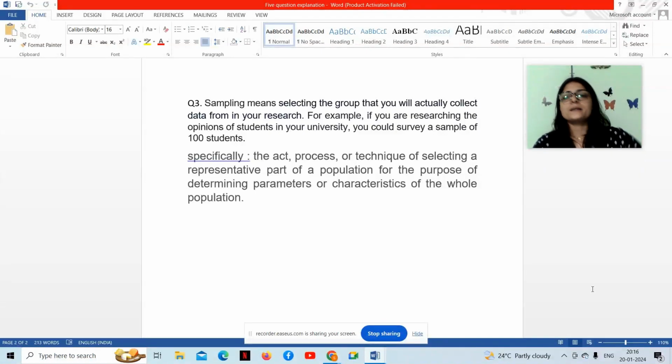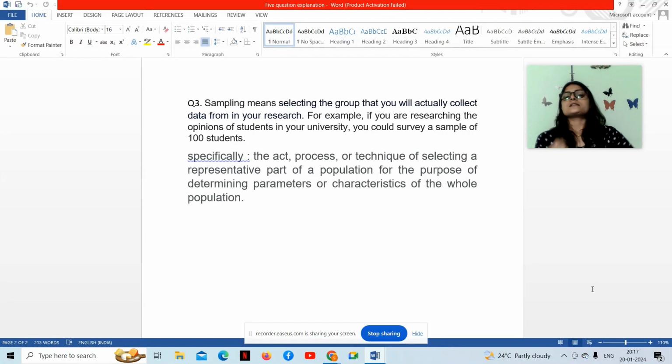What we will do is take a sample of students. Suppose we take a sample of 100 students. Sampling is basically a technique of selecting a representative part of the population for the purpose of determining parameters or characteristics of the whole population.